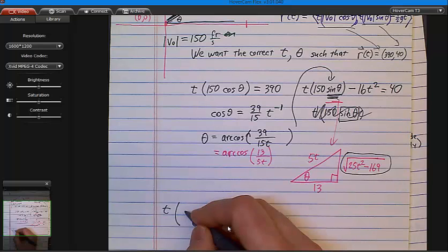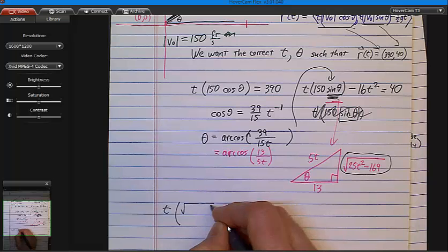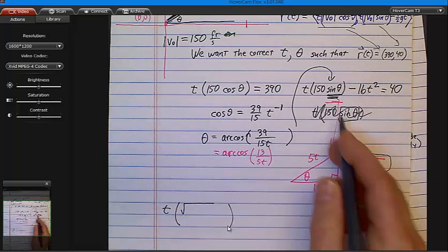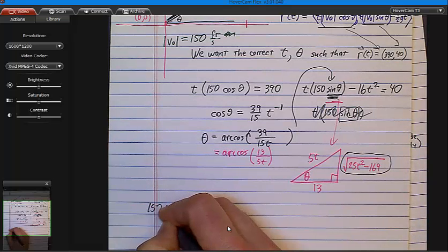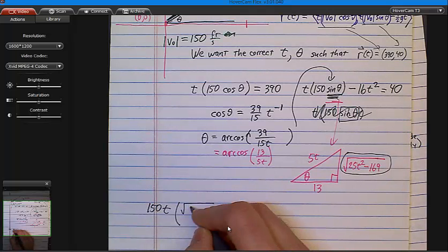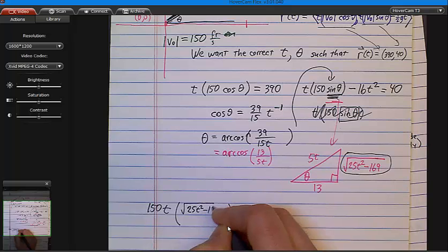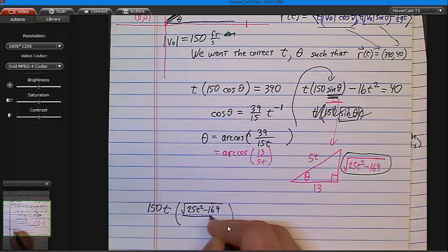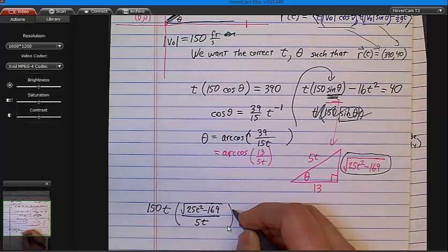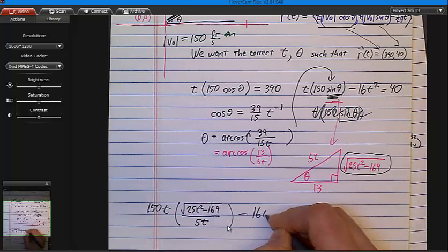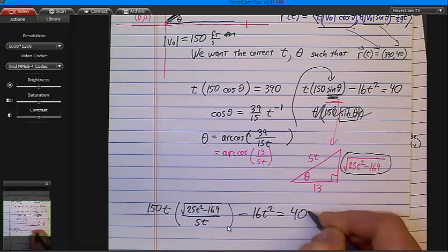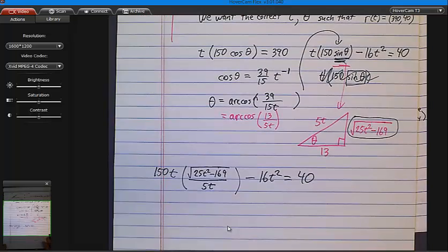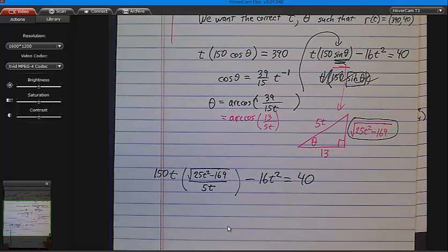Times the square root. Oh, wait, I have 150 also. I'll put that up front. 150t square root of 25t squared minus 169 over 5t minus 16t squared is equal to 40. So I get some canceling, right?